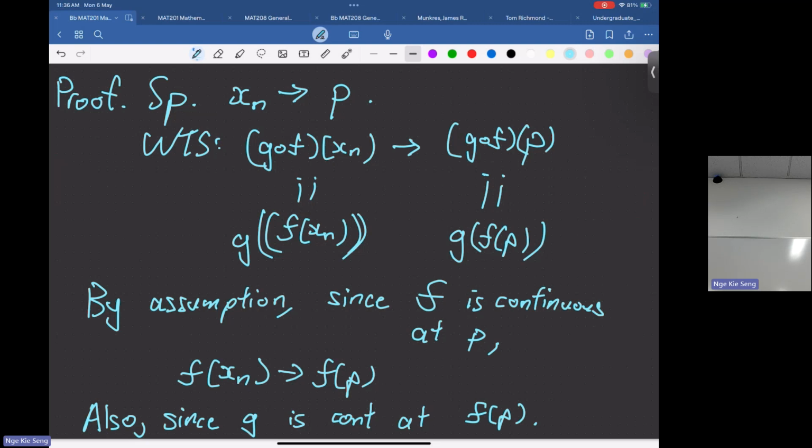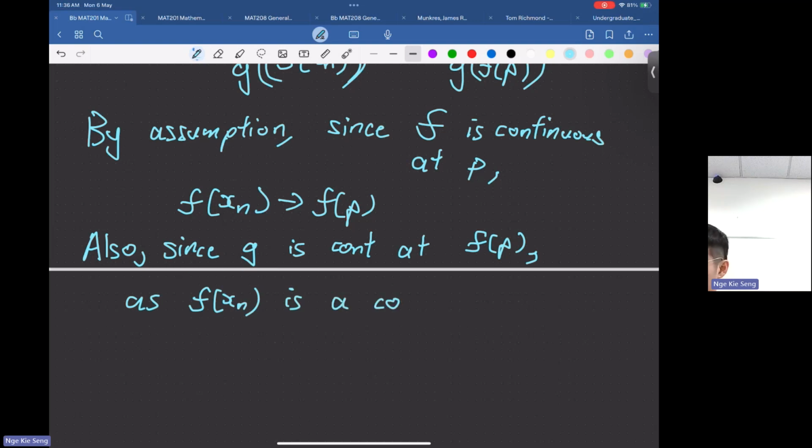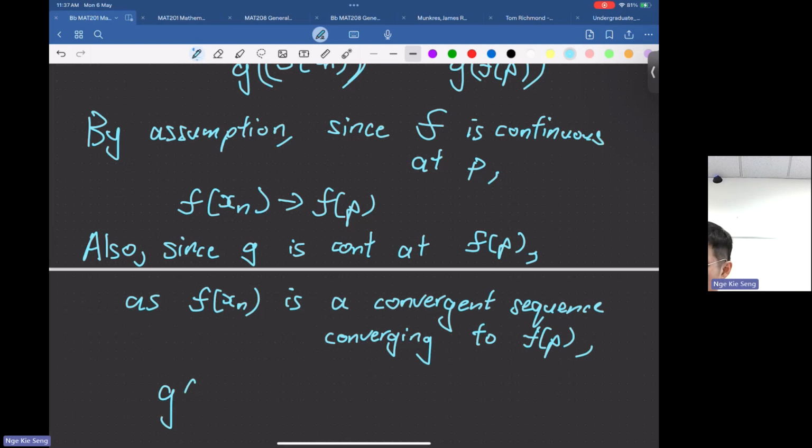But what are these two values here? These are just the composite function applied on s_n and applied on p. So it's very straightforward. Once you write down your goal, these things become very straightforward. So since G is continuous at f(p), and f(s_n) is a convergent sequence converging to f(p), we get that G(f(s_n)) converges to G(f(p)).